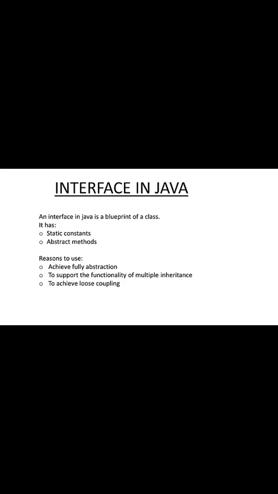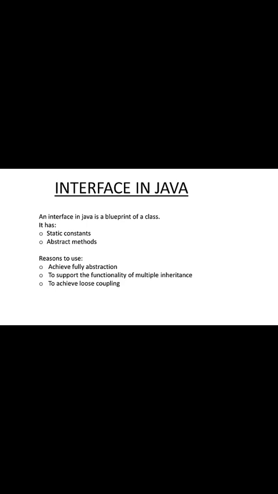However, an interface is different from a class in several ways, including: you cannot instantiate an interface. An interface doesn't contain any constructors. All of the methods in an interface are abstract. An interface cannot contain instance fields.